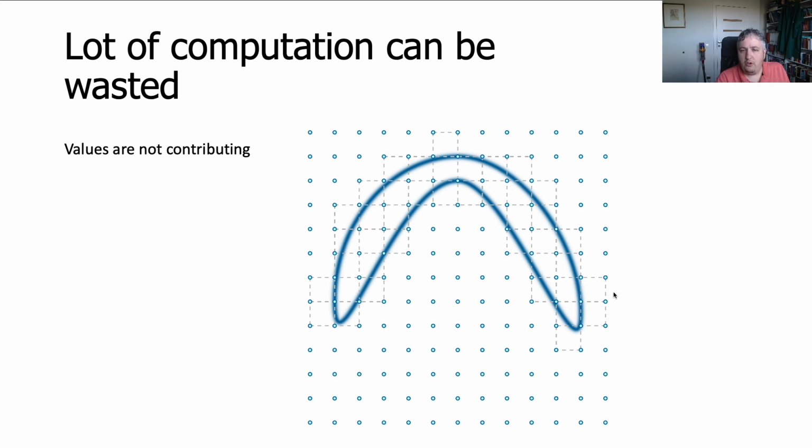So we are computing the function at points where the distribution is essentially zero. So we use computational resources to compute at points that are not actually contributing to the expectation because their values are very small.